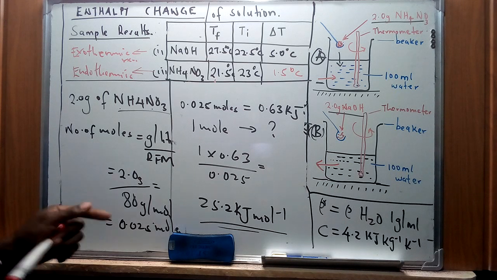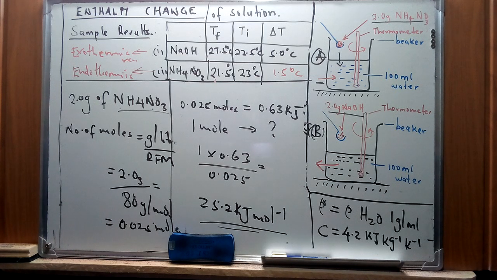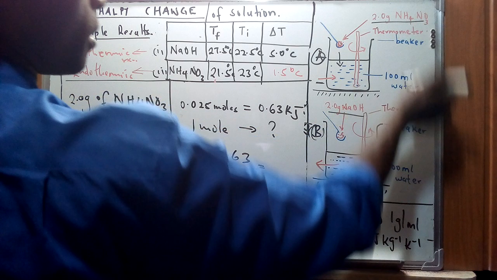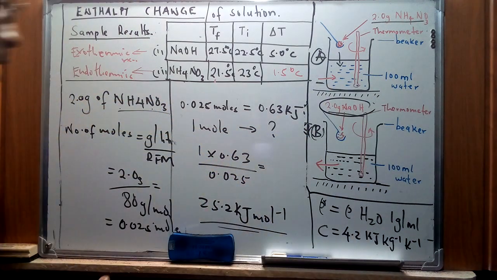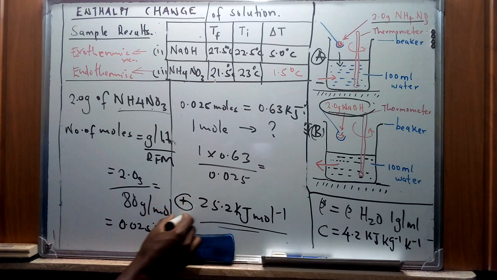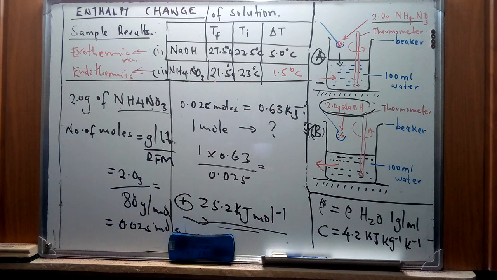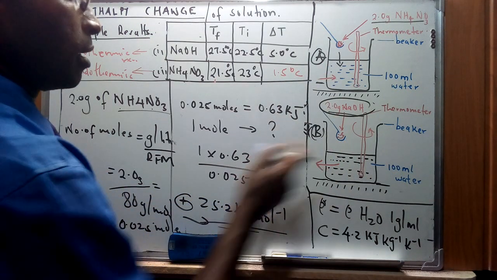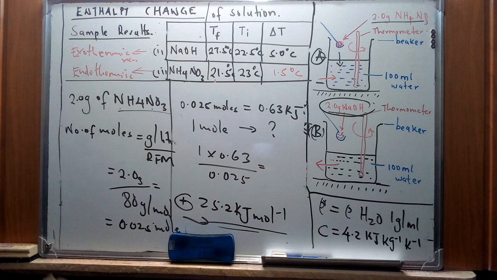So we are going to use a similar procedure in trying to find out the number of moles of sodium hydroxide that were used. But remember the designation of the positive or negative sign in this case, which is very important to imply that the reaction is either endothermic or exothermic. This is the way in which we're going to find other enthalpies which may involve different kinds of reactions.